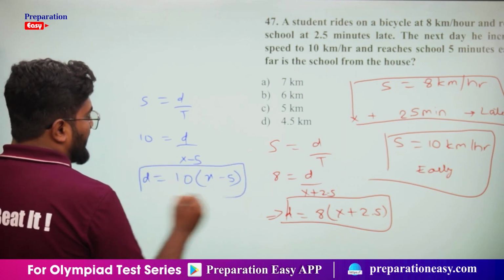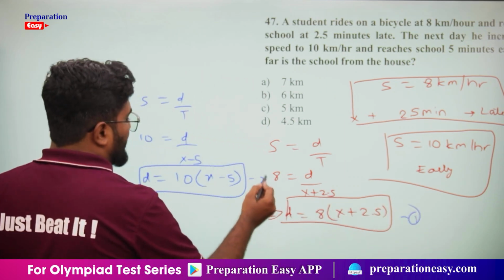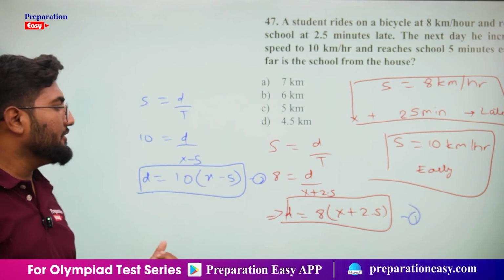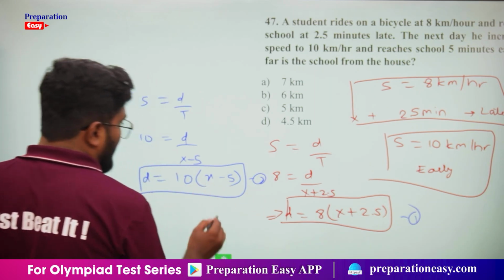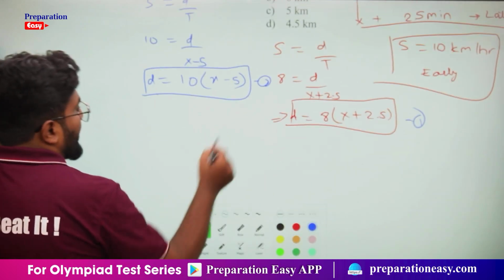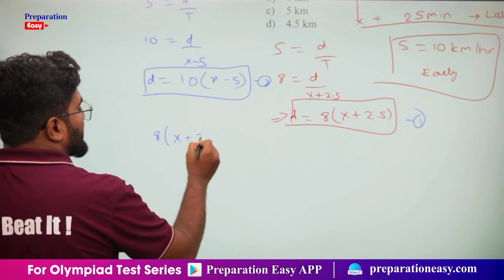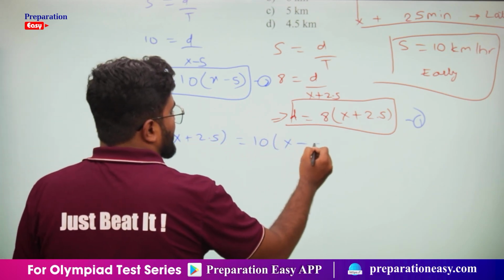But in equation 1 and equation 2 the distance d is the same, so we can directly equate them to get the value of x. Equating 1 and 2, 8 in bracket x plus 2.5 equals 10 in bracket x minus 5.